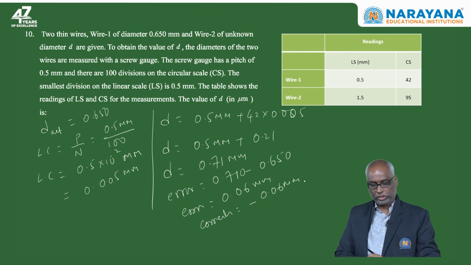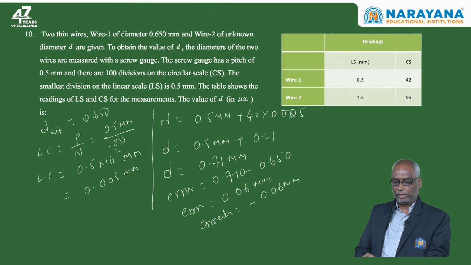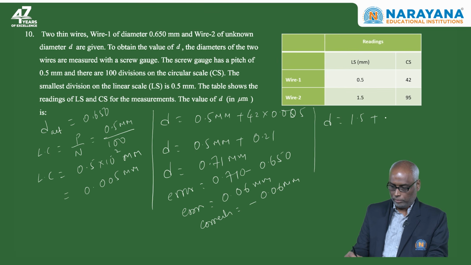Now, using this correction, we have to find the correct reading of the diameter of the second wire. The diameter of the second wire is equal to 1.5 plus 95 into 0.005.